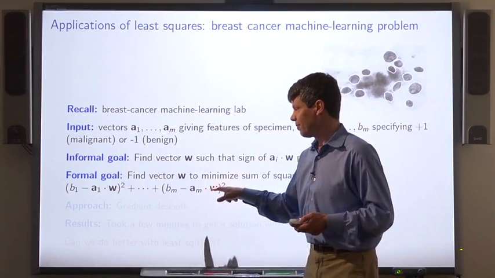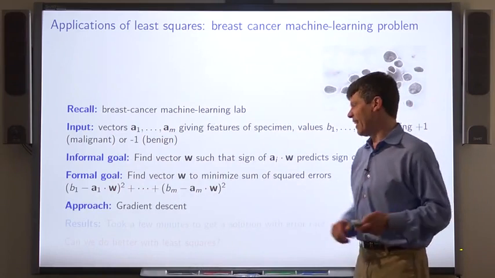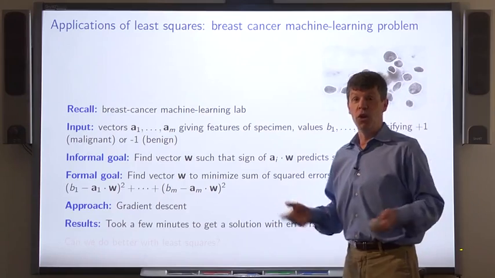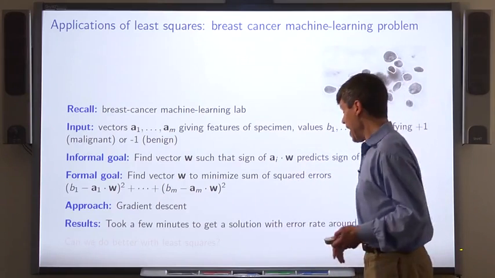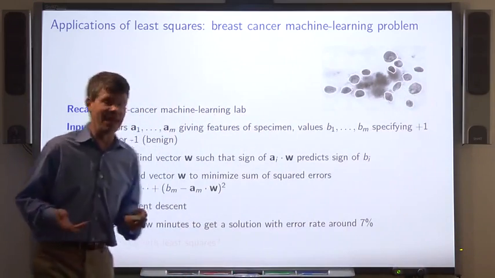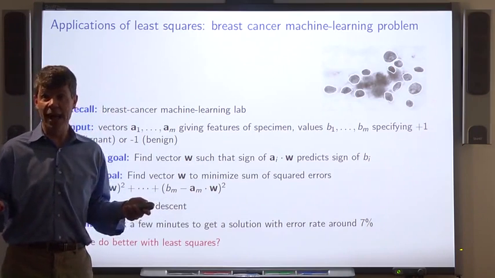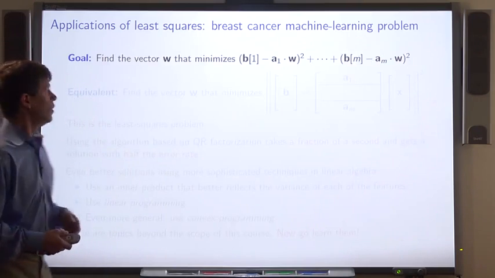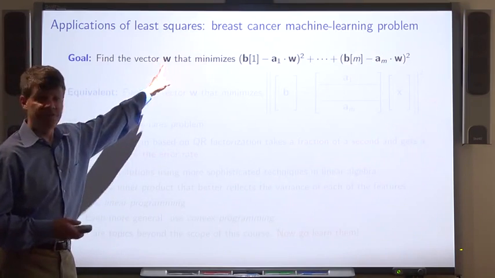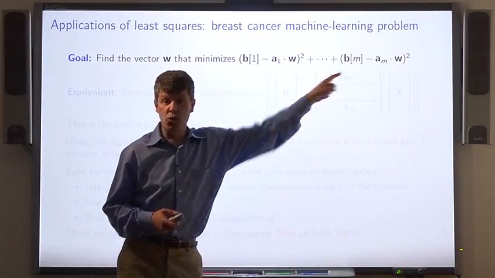Formally, our goal was to find the vector W that minimizes this loss function, minimizes the sum of squares of the errors. And the approach we used in the lab was gradient descent. Now, I don't know about you. For me, that took a few minutes, and it actually came up with an error rate of maybe 7–8%. Can we do better with our least squares algorithm? So remember, this is the goal, to find a vector W that minimizes this sum of squares.